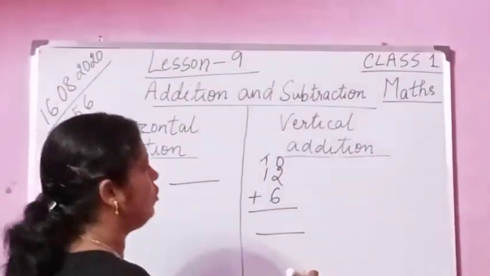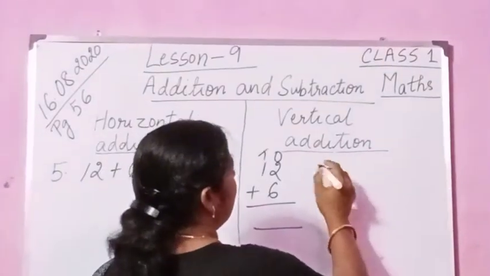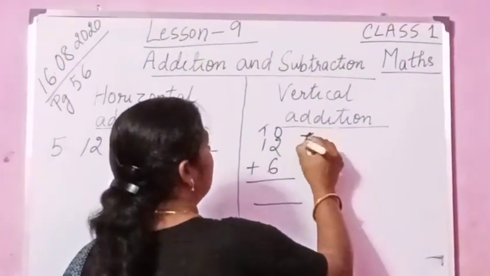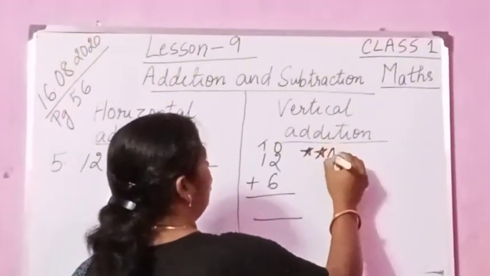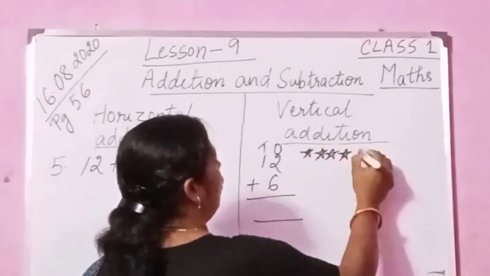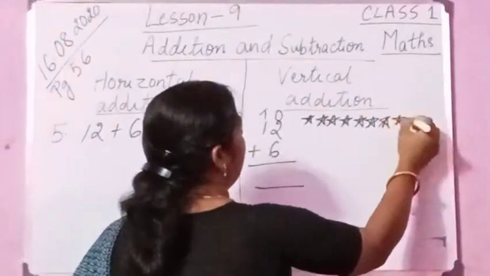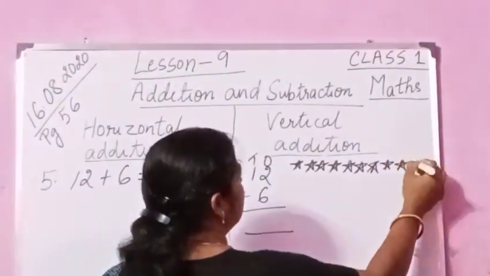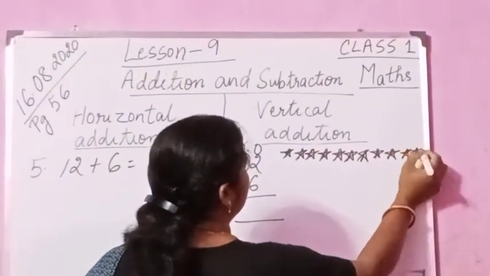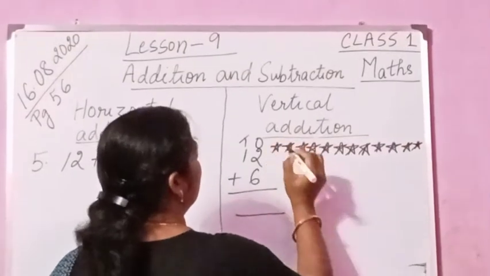We have to count. Now let us make stars. 12 stars. 1, 2, 3, 4, 5, 6, 7, 8, 9, 10, 11, 12. Okay.